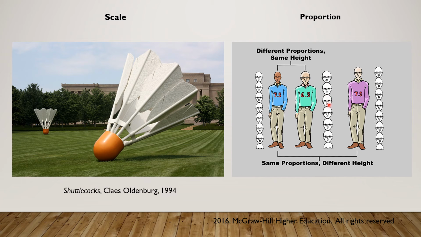They're using the same height, but they're using a different proportion. In this case, we've got different heights, but we still have the 7.5 heads tall. So this guy's 7.5 tall, this guy's 7.5 tall. You're just adjusting the size of the head to accommodate the height.